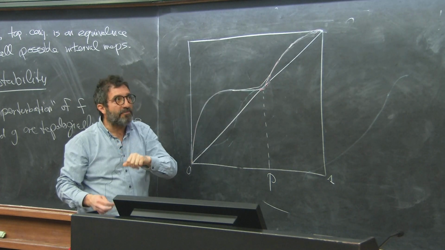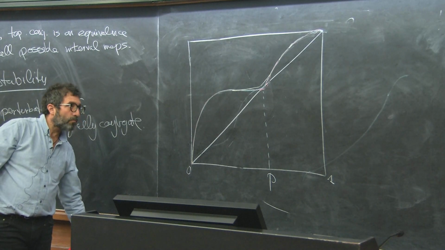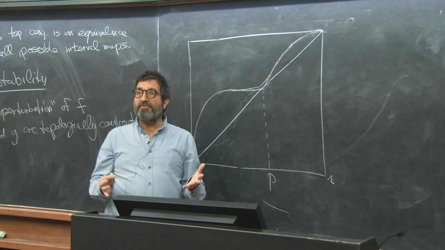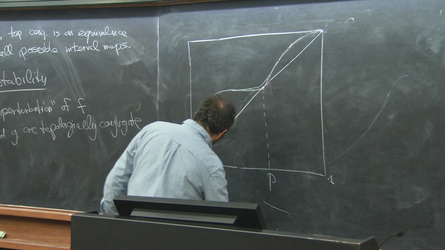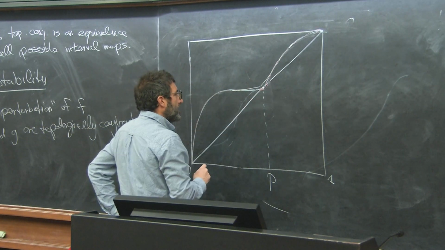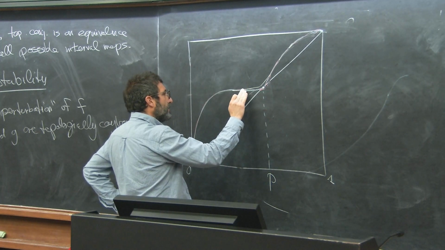What effect does this have on the global dynamics? This can have a big effect on the global dynamics. Because when you had this fixed point for the original map, remember what is this point? This point is attracting.